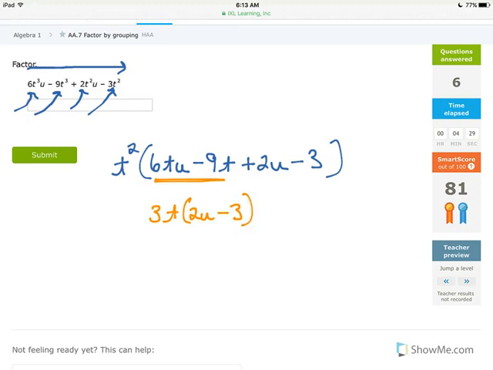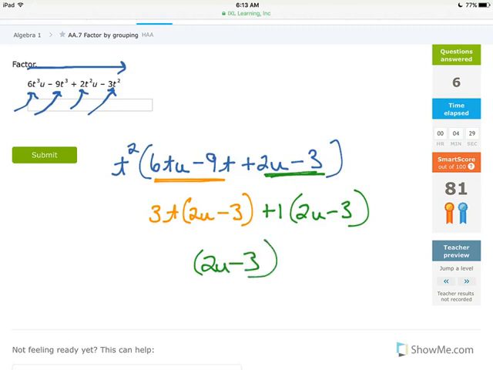And then if we look at the second group, there really isn't anything common between a 2 and a 3 except for a factor of 1. So we'll factor a 1 off. And you're going to be left with a 2u minus 3. So one of your factors is what's in parentheses, the 2u minus 3.